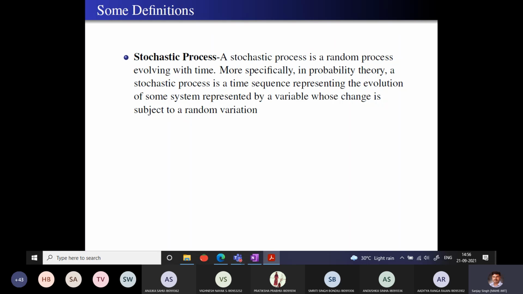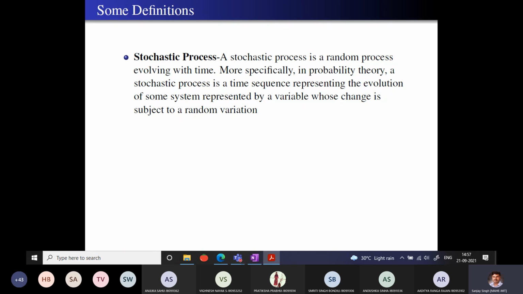More specifically, in probability theory, a stochastic process is a time sequence representing the evolution of some system represented by a variable whose change is subjected to random variation. Suppose the variable you take is the number of heads in a coin tossing experiment.